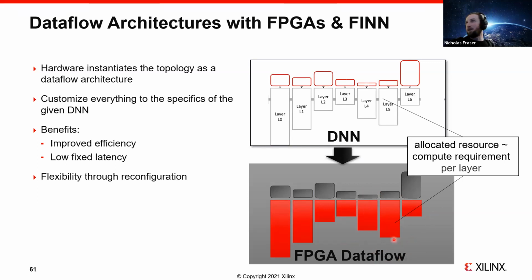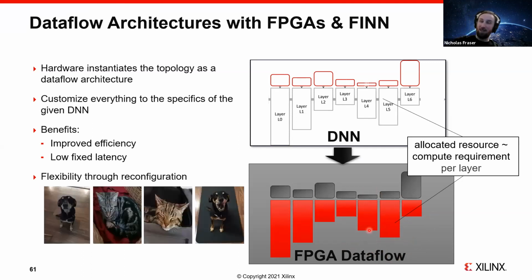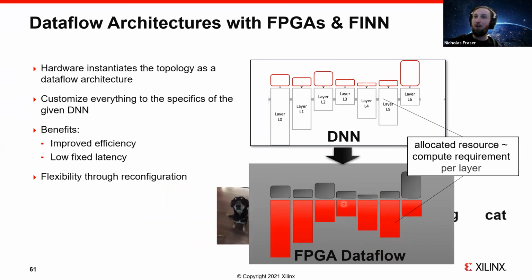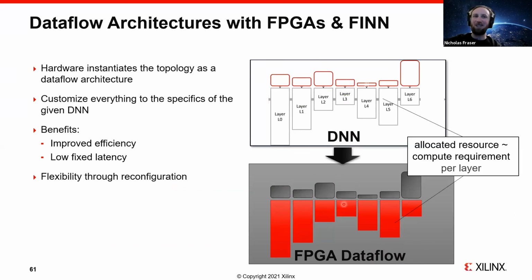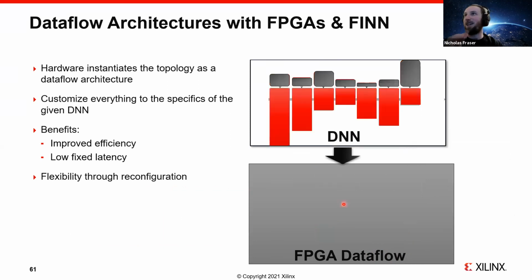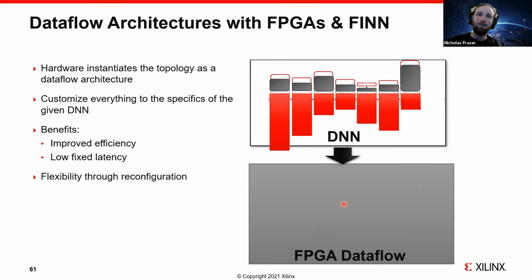So this is really interesting in the sense that you don't have what we call one size fits all costs that I mentioned before, right? Where you have a very, very small layer and you're trying to process that on a very, very parallel processing element. You can adjust to every layer individually.